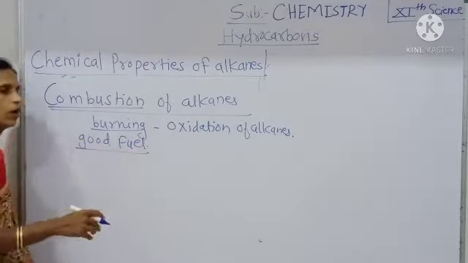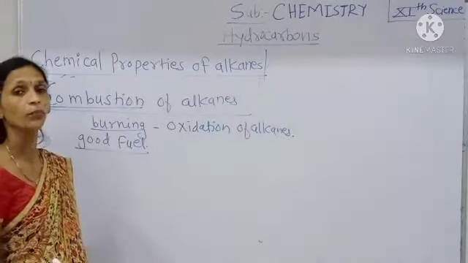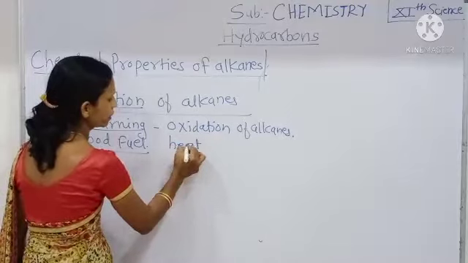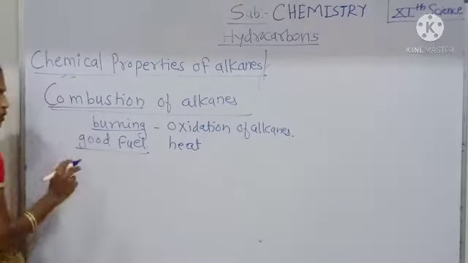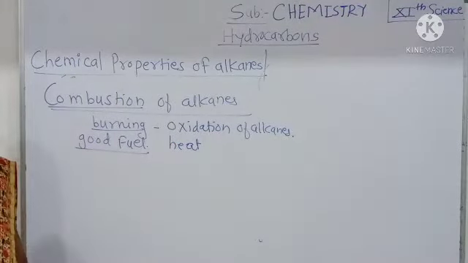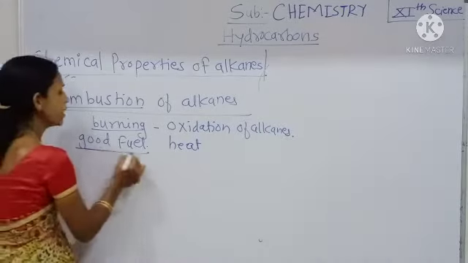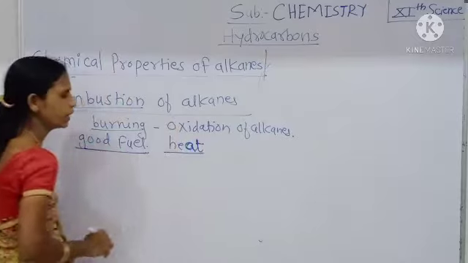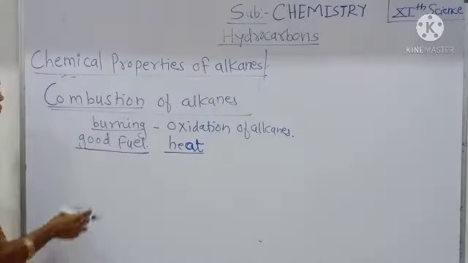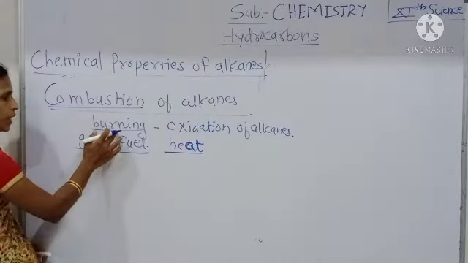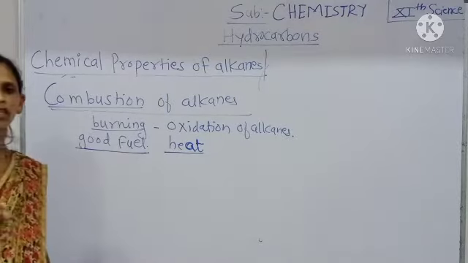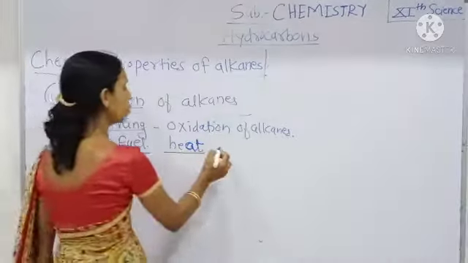and on burning they produce heat energy, and generally alkanes are volatile in nature. As they are a good fuel, they are converted into heat energy. After combustion, after burning of any alkane, it undergoes complete oxidation.